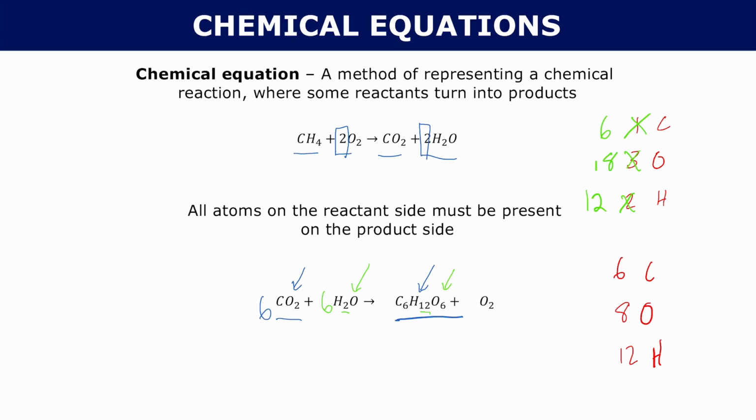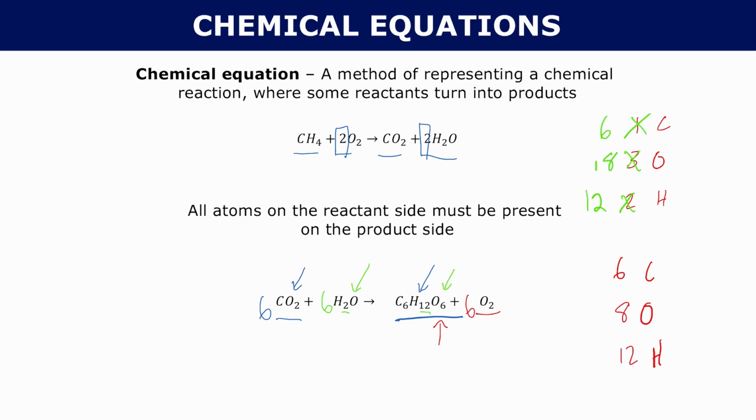So we still have six carbons, we still have 8 oxygens, and we still have 12 hydrogens. So the only thing that's not really adding up here is the oxygens. We know that glucose is contributing 6 oxygens, so the rest of the oxygens must be coming from the O2 here. So we're going to need 12 oxygens, and therefore the coefficient that goes here is also a 6.